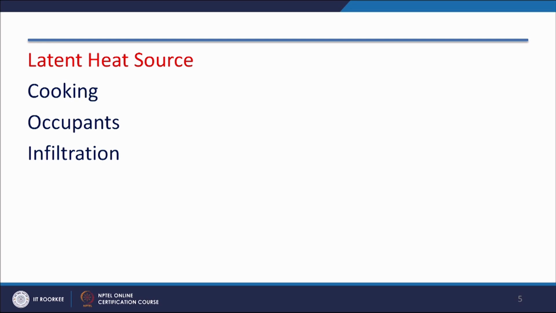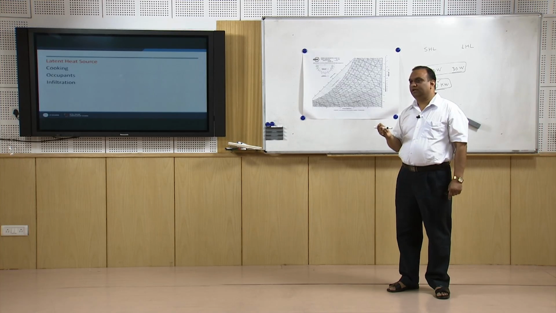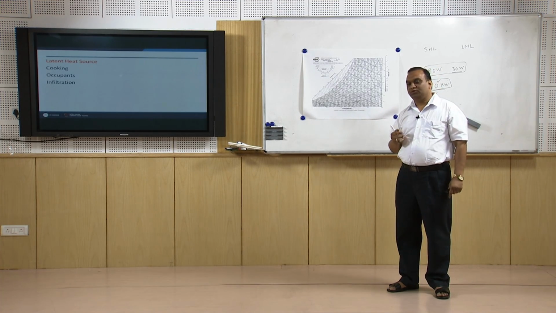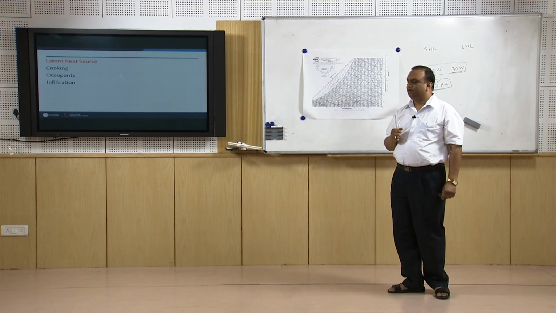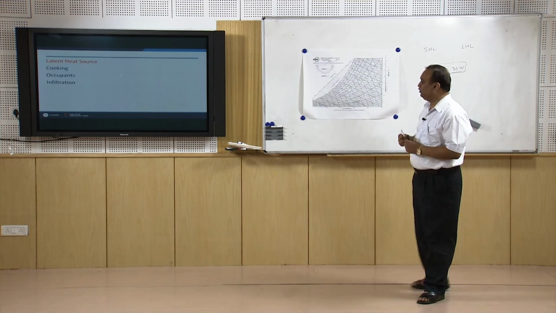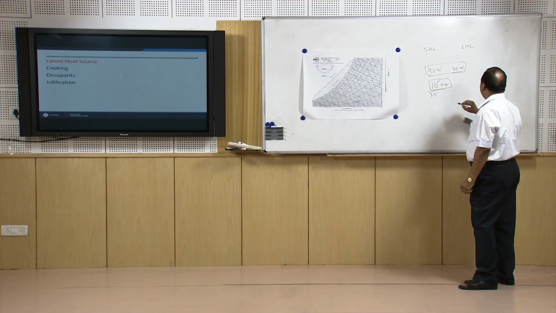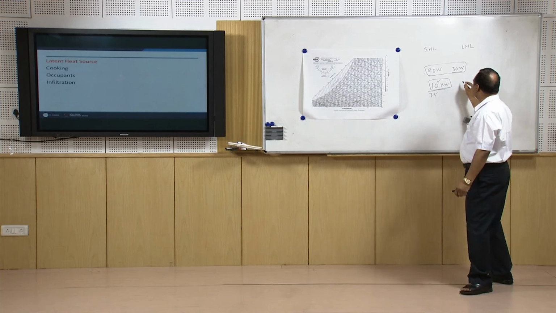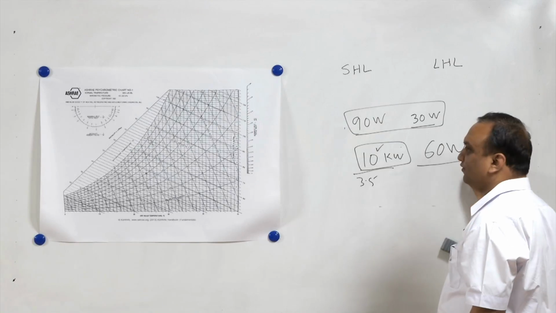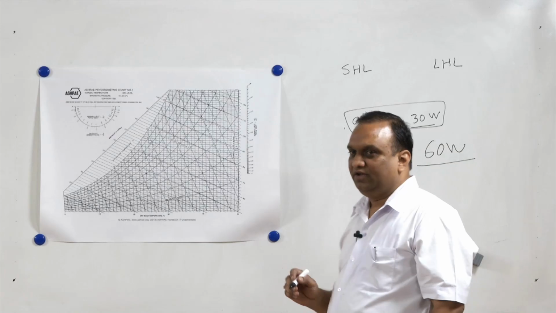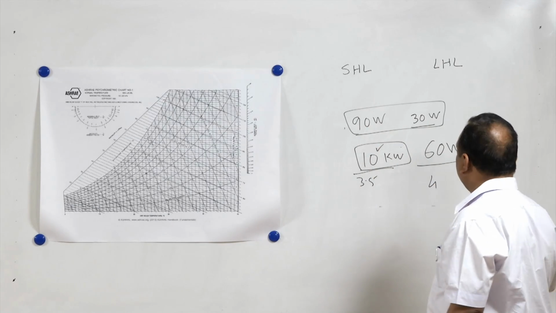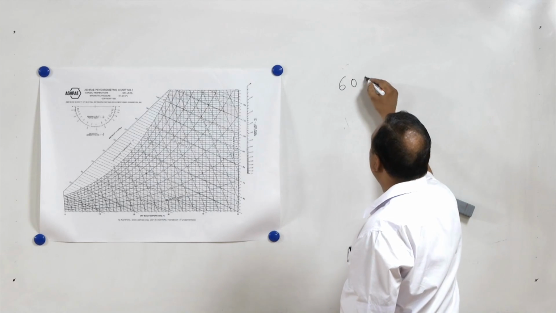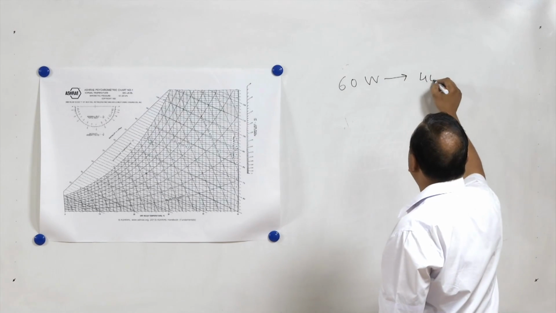In addition to this, other equipment in the room, like some UPS lying in the room, is also adding heat, even lights, tube lights. In old tube lights, a 60-watt choke was used for 40-watt tube lights.